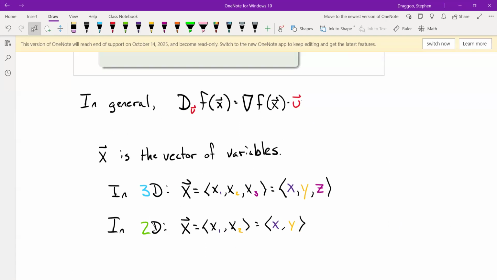Instead of having to write a function of f of x and y and z, oftentimes we prefer to be lazy and just write it as a function of x vector hat. So if I put a vector hat on my x, that just means it's supposed to represent all of the variables I'm working with, or all of my parameters. So in 3D, the x vector is xyz, because it contains all three variables. And in 2D, the x vector is just x and y, because it's only got the two variables, the two parameters.